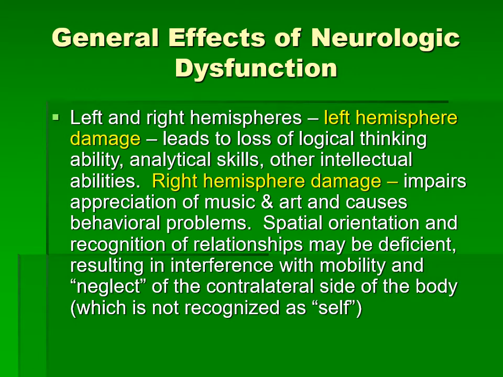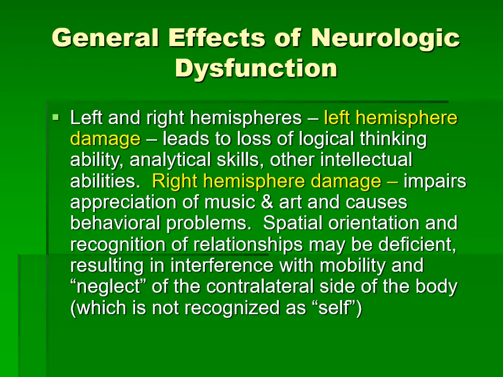So depending upon where it is too, it could result in interference with mobility, because remember when you talk about the precentral gyrus, in that region of the cerebrum is where you find the motor areas that are connected to various limbs of the body, and various muscle groups.